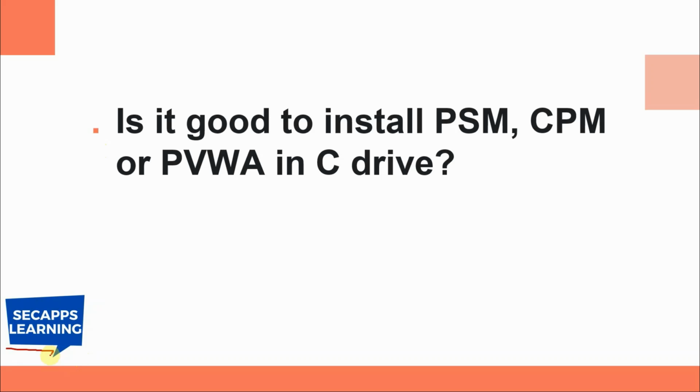It's better to install other than the C drive because the C drive already contains the Program Files. But let's say your C drive has good space, say 200 or 100 GB free.